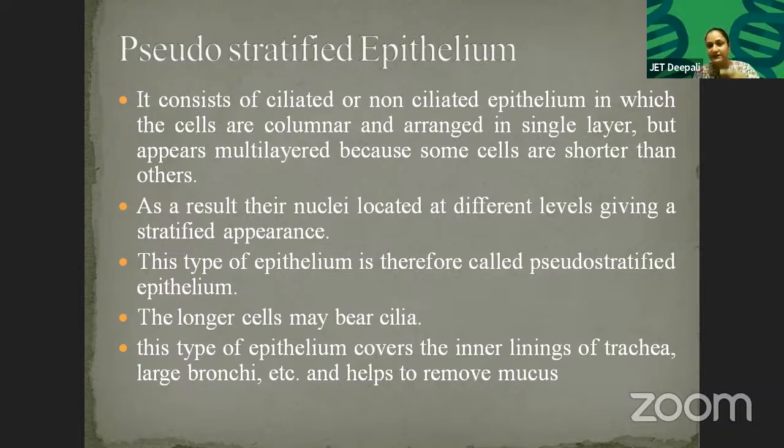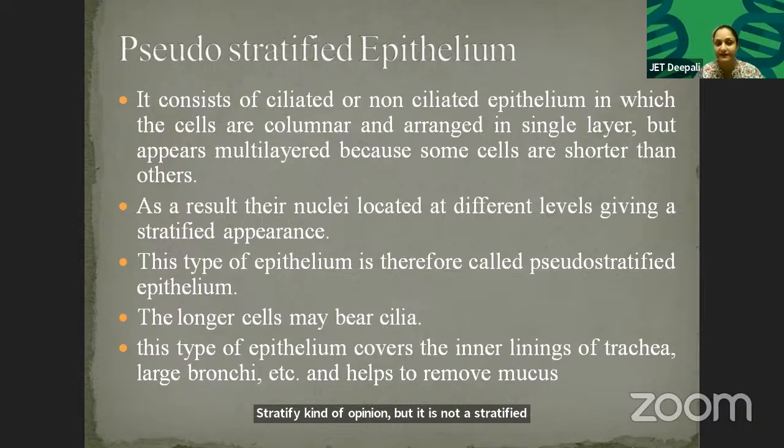In some cells the nucleus is located above, in the middle, in some at lower parts. So this gives a stratified kind of appearance, but it is not stratified, it is falsely stratified. Because of that, this type of epithelium is called pseudo-stratified epithelium.